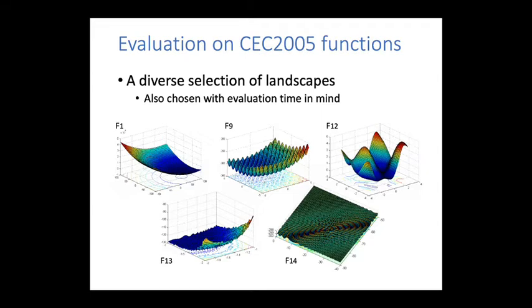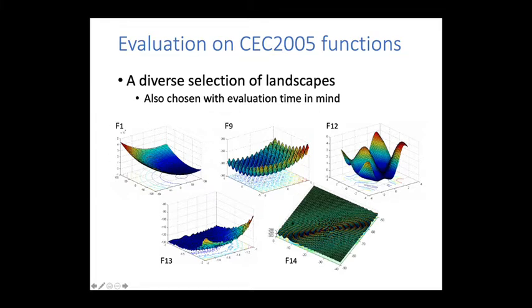So this approach has been applied in this paper to evolve optimizers for 5 different continuous function landscapes, which are all taken from the CEC 2005 benchmarks. And these are primarily selected with diversity in mind. So this function here is a relatively easy unimodal landscape.